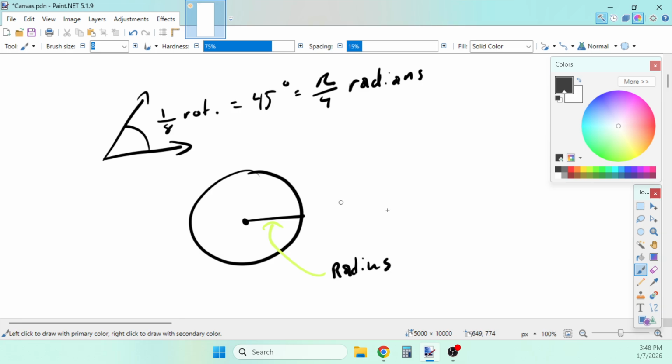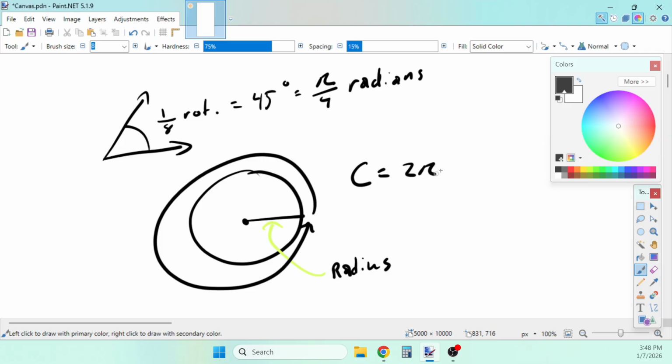We know that the circumference of the circle, that is all the way around a circle, is equal to 2 times pi times the radius. So that means that if the radius is 5, and we walk 5 units around the circle, we have walked 1 radius around the circle, and the angle that's produced would then be 1 radian of angle.